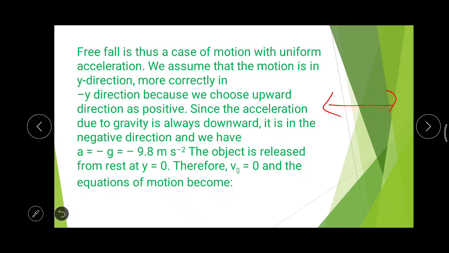As well, the positive y direction is upward and negative y direction is downwards. As the g is acting downwards, it is acting in the negative y direction, so we have to take the g value as negative. Okay.